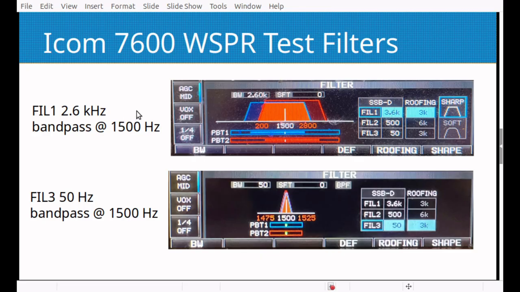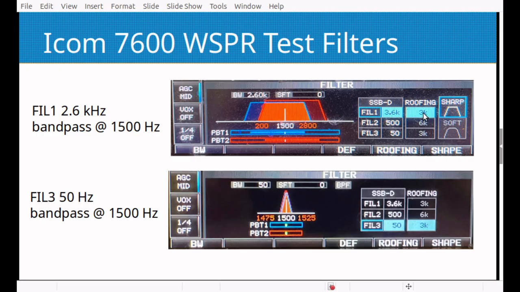It's kind of a default in many radios to be 2.6 kilohertz, sometimes 3 kilohertz wide for upper sideband audio. So I've used a 3.6 kilohertz filter, but the DSP software in the 7600 lets me modify that. So I've overlaid two 3.6 kilohertz filters so that they intersect and they provide the resulting 2.6 kilohertz filter. So that's the bandwidth that the signal will see.